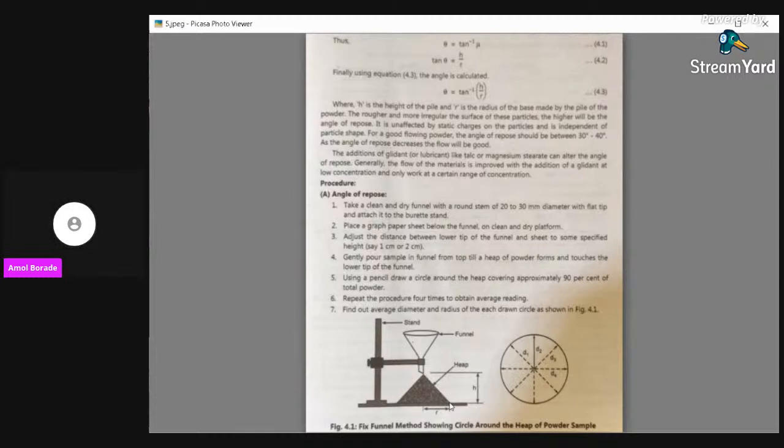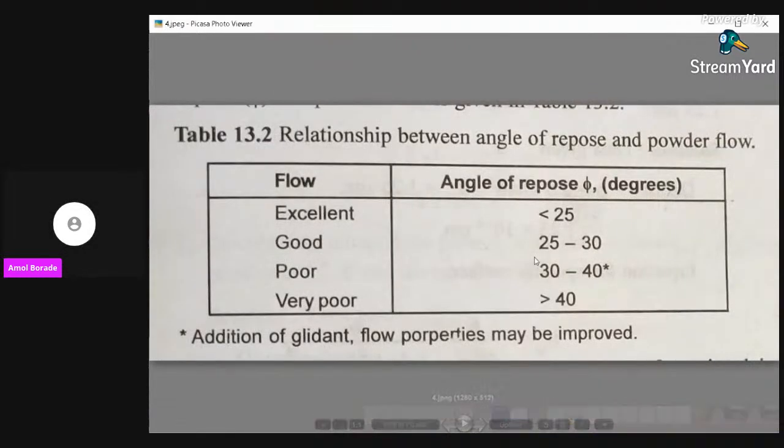In another way, the granules are sliding over one another, and if they are sliding over one another, obviously the angle will be smaller. So if the angle is smaller, the flow would be excellent, and we have categorized that angle.